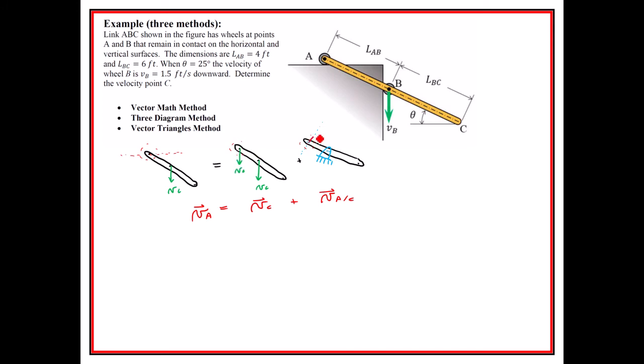Well, the only way that's possible is if that relative velocity of A with respect to C is going upwards in that direction, which means this has to be in the clockwise direction.